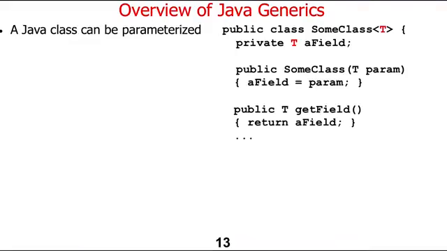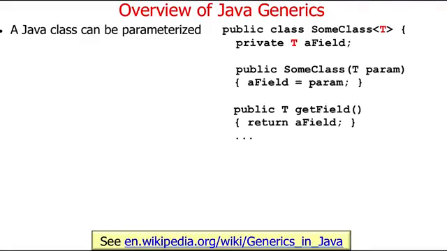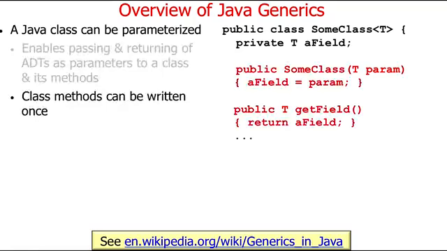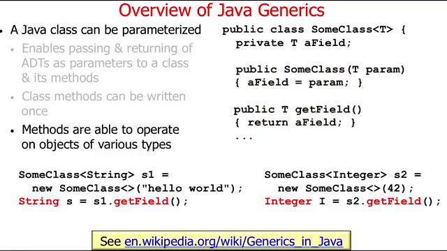A Java class can be parameterized via the Java generics feature, which enables the passing of abstract data types, or ADTs, as type parameters to the definition of a class and its methods. As a result, the class's methods can be written once, yet are able to operate on objects of the generic class instantiated with various ADTs, all while providing compile time type safety.